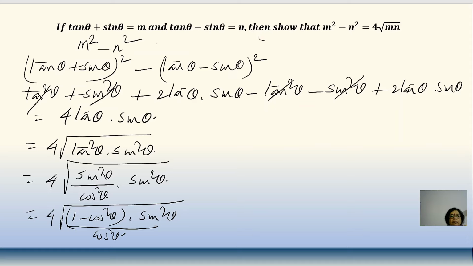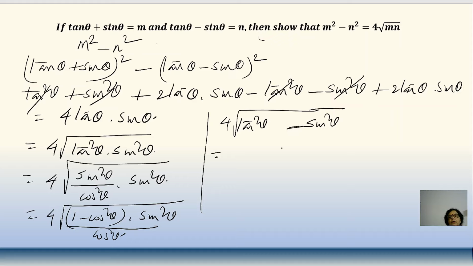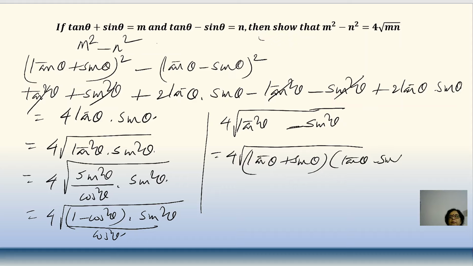So here if we separate the terms, we'll get 4 outside the bracket, and sine square theta by cos square theta into 1, that is tan square theta, minus cos square theta by cos square theta into sine square theta, that is equal to sine square theta. So again we'll apply here a squared minus b squared. We'll get here 4 into tan theta plus sine theta into tan theta minus sine theta. So this is equal to 4 root over m into n.